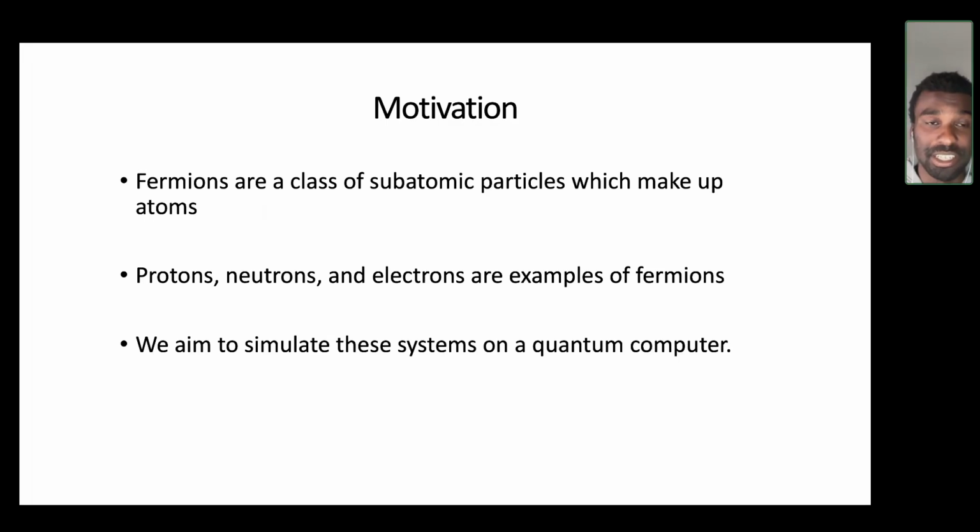Historically, these atomic systems have been quite expensive to simulate on classical computers, and we hope to use the quantumness of quantum computers to help us in simulating these systems and understanding problems in chemistry and condensed matter physics a bit better. That's the ultimate goal of this, is to simulate these systems on a quantum computer.